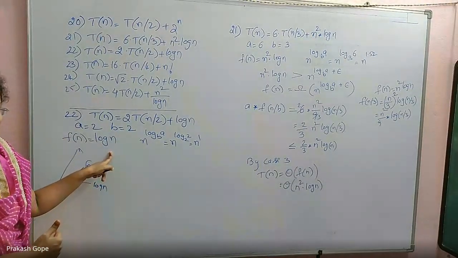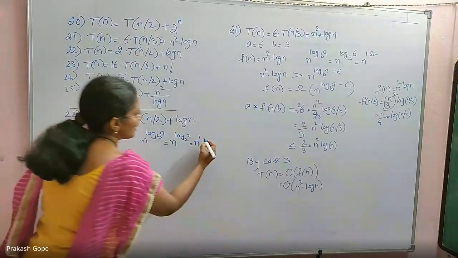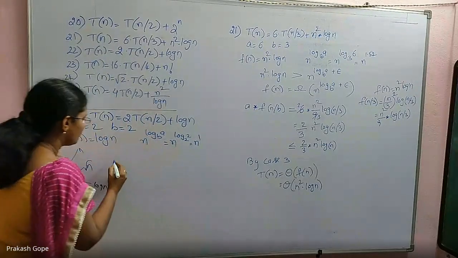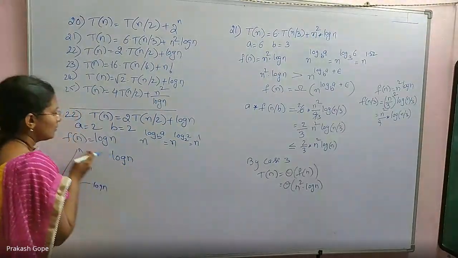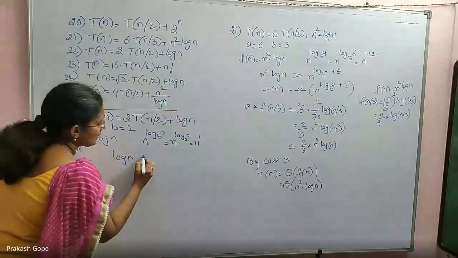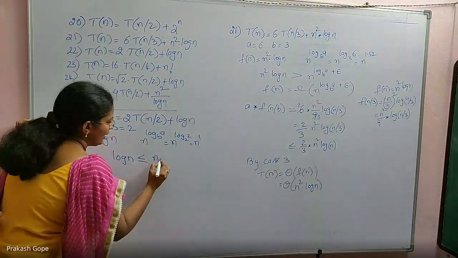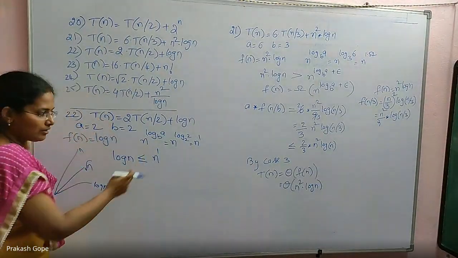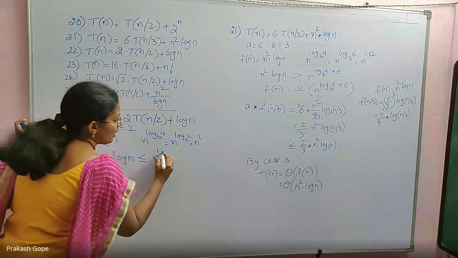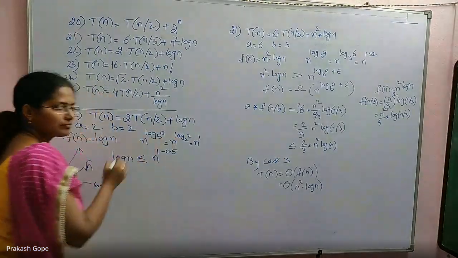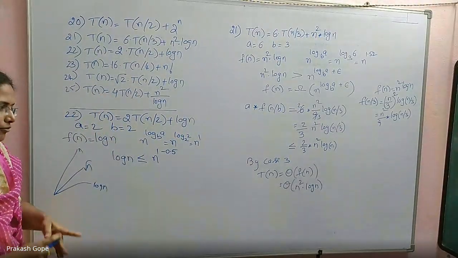Obviously, why? Because if I do a small subtraction, compare log n, because f of n, isn't this less than or equal to n power log a to the base b? This is log a to the base b minus some epsilon, 0.5. I just subtracted 0.5.